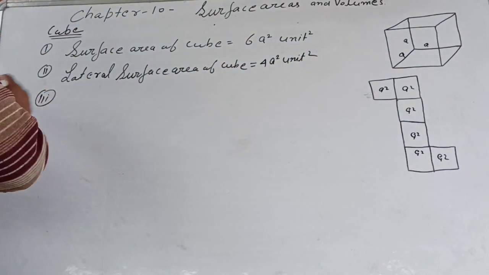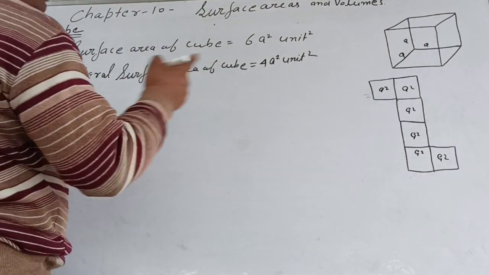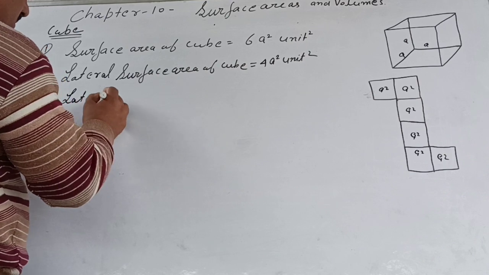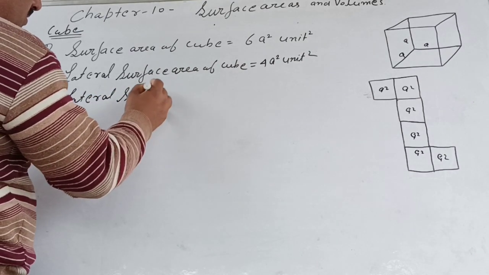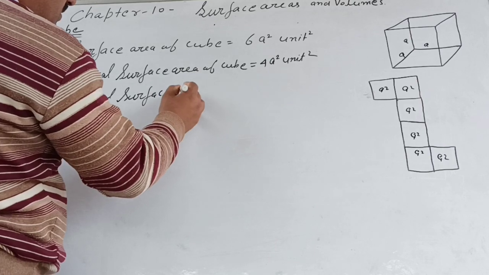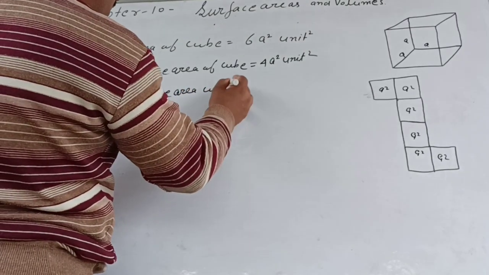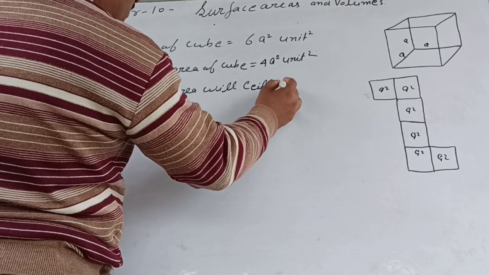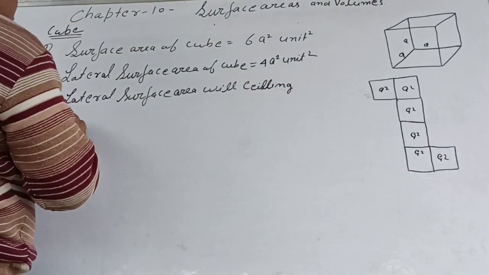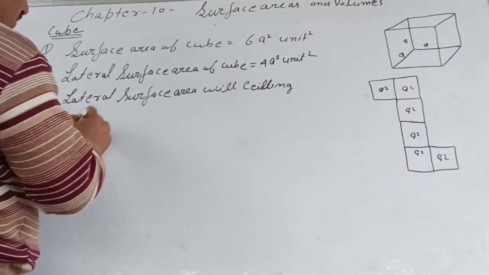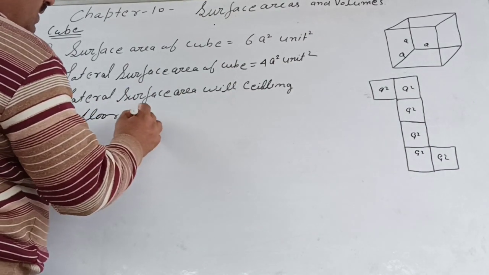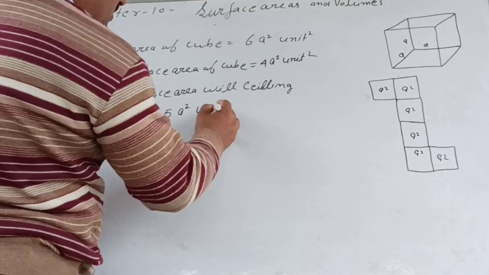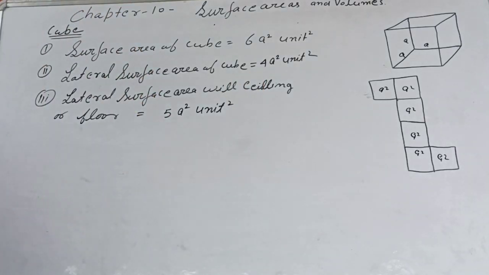Third, lateral surface area with ceiling or floor is equal to 5A square unit square.